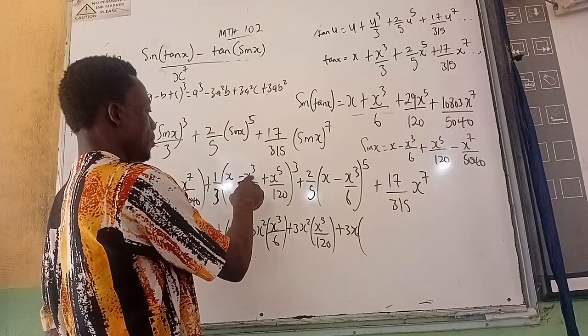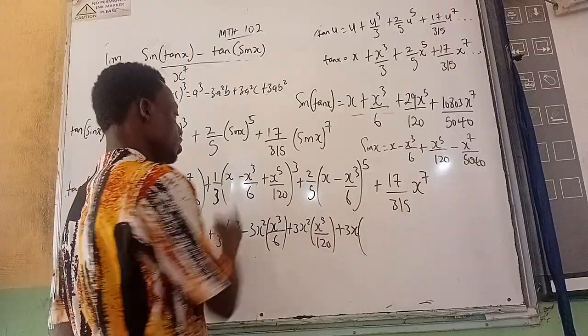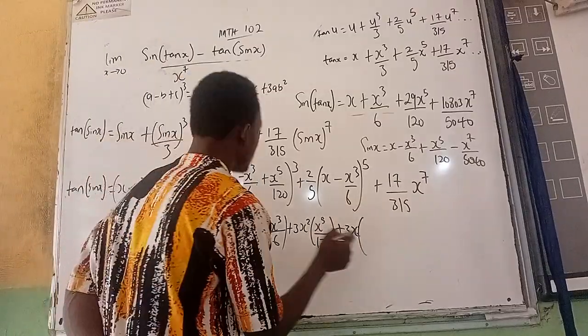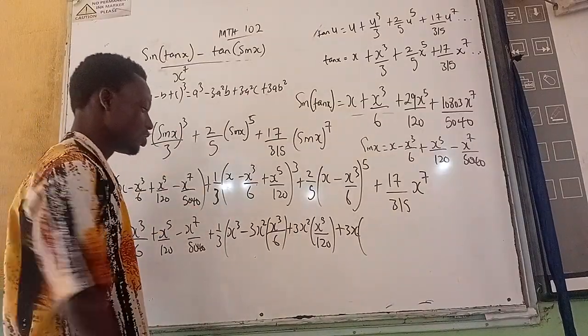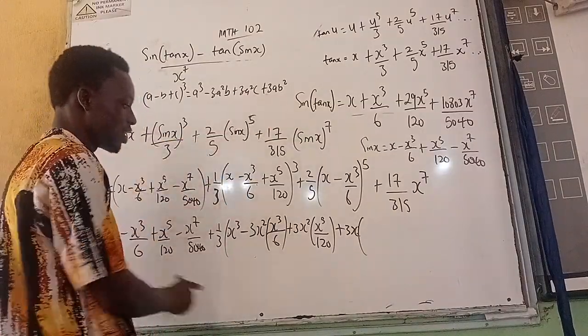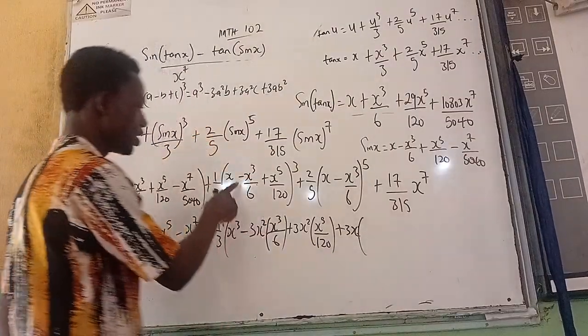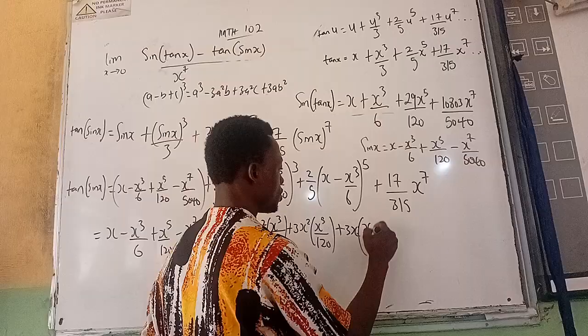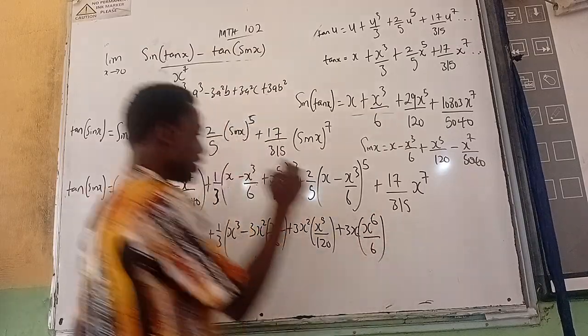That's x times x cube over 6 squared. It's still positive whether I put the minus or not. I already used the minus here, but because of the square, we still have positive. So since you have positive here, you can still repeat the minus, but the square will deal with it. 3ab square, b square, that's x cubed squared, which is what? x raised to power 6 over 36. Is that clear?